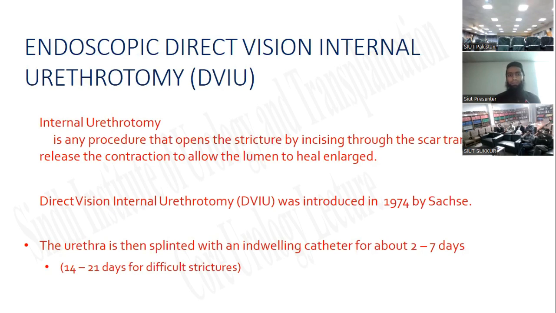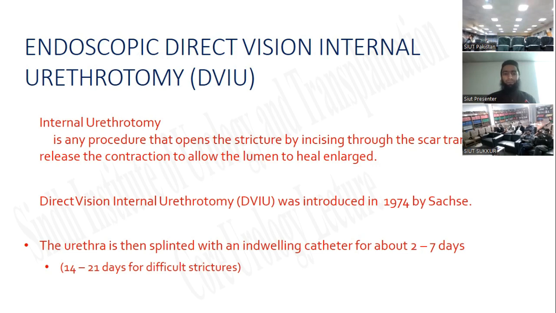And the second option is DVIU, direct vision internal urethrotomy, an endoscopic procedure which opens the stricture by incising through the scar transurethrally to release the contraction and allow the lumen to heal and enlarge. It was first introduced in 1974 by Sachse, who has his name on the instrument, the Sachse cold knife.